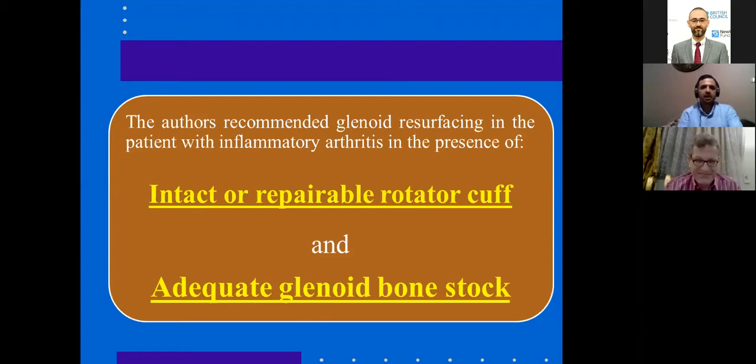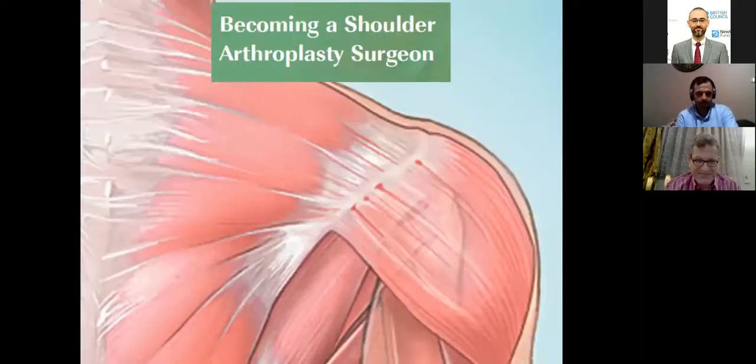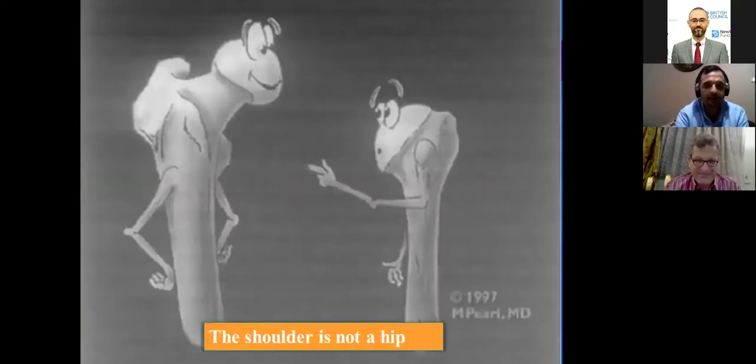For becoming a shoulder arthroplasty surgeon, first we should know that the shoulder is not a hip. As we know, both joints are ball and socket synovial joints, but the shoulder is a retroverted joint, both the humeral component and the glenoid component, whereas the hip joint is an anteverted joint.